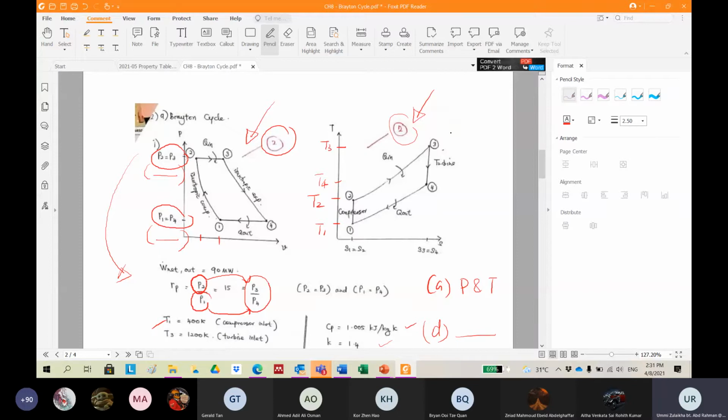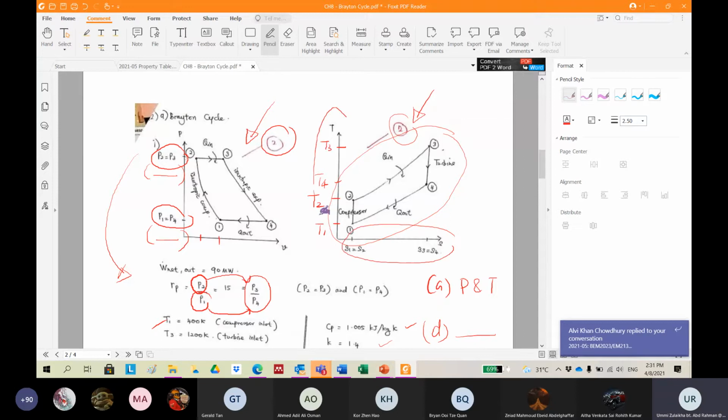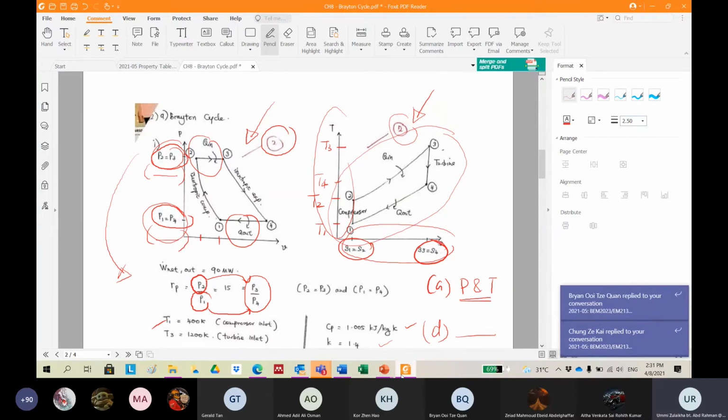The word proper means you have to have a proper sketching, with proper axes, and the Q in, the Q out, just like what I prepared here. And also the additional information that you have to put is the P and T, so that your sketching must be logical.